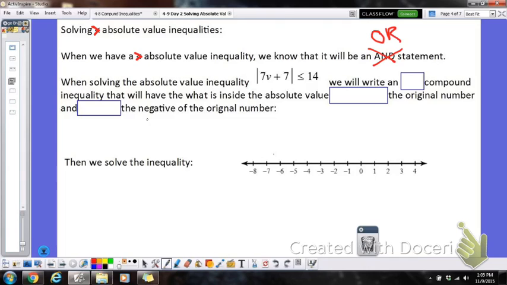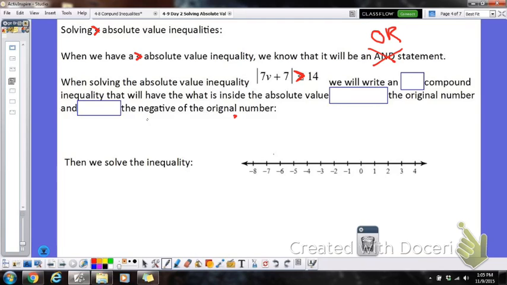And go ahead and change the absolute value of 7v plus 7 to be greater than 14. Sorry about that. So we're going to be solving the absolute value of 7v plus 7 is greater than 14, and we know that we are going to have an OR statement.